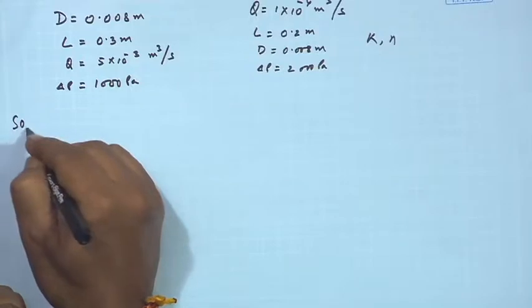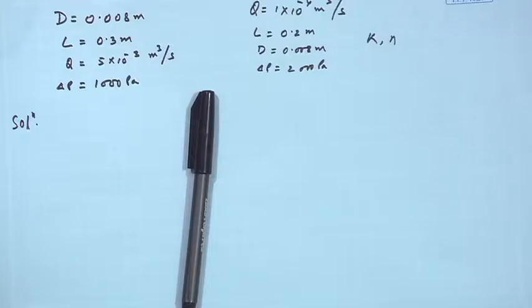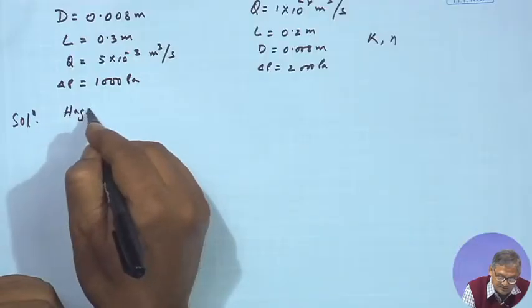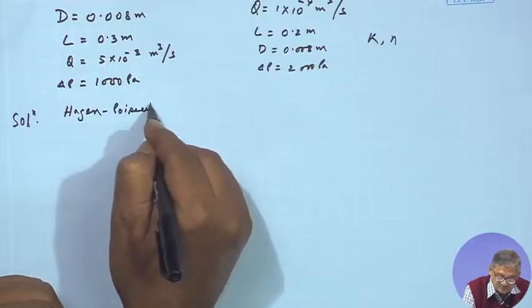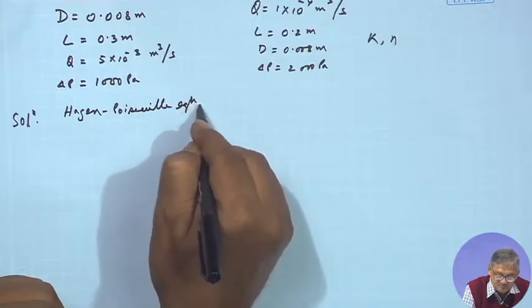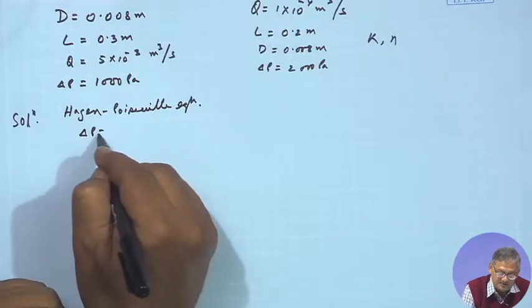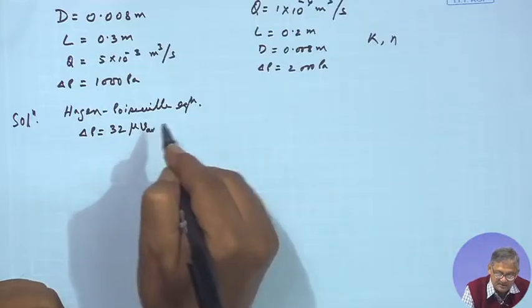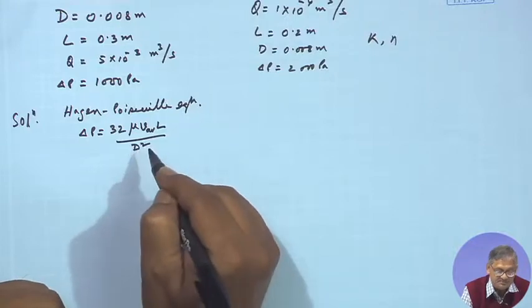Now, for the solution, I think you may have a little problem in this. Let me try. Now, from the Hagen-Poiseuille equation, which we know, delta P is equal to 32 mu V average L by D square, right.